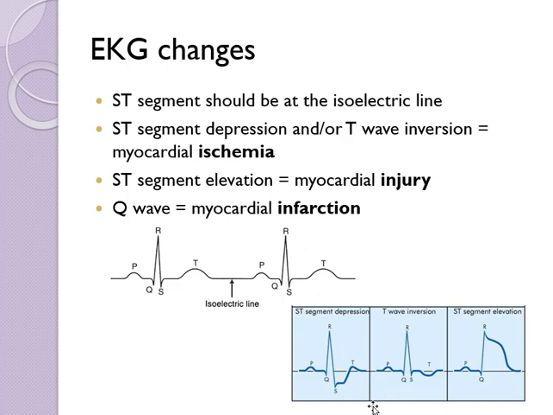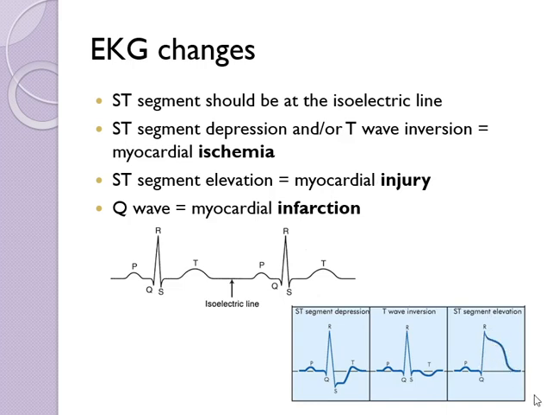If I have ST segment depression, that is ischemia, or the cardiac cells are not getting enough oxygen. Could be a flipped T wave. That's ischemia. ST segment elevation is myocardial injury. This is having a heart attack right now. My patient's having dead heart cells and could be dead if I don't do anything.